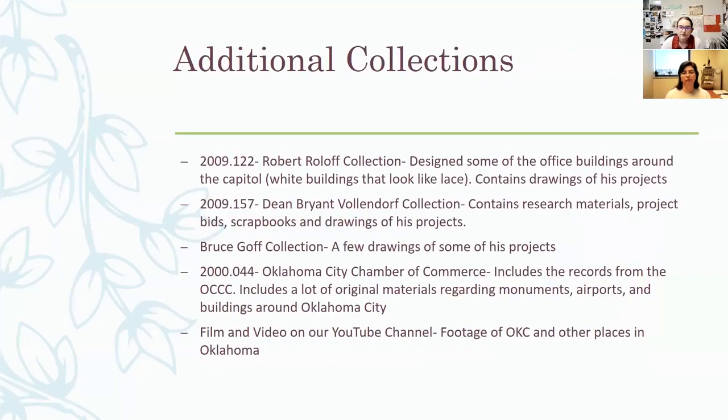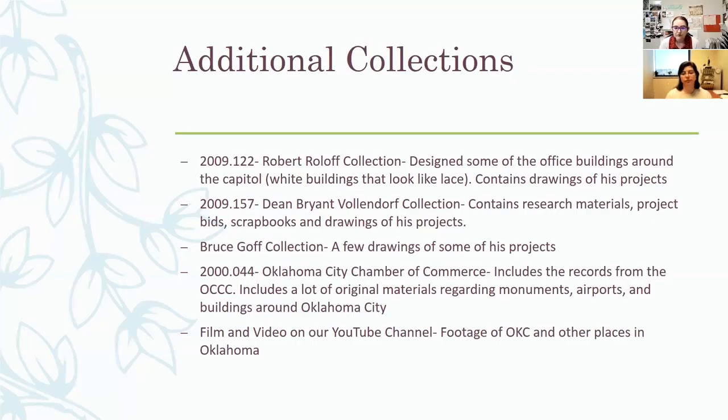These are just some additional collections that we have. The Robert Roloff collection is a collection of architectural drawings of places like the office buildings around the Capitol, which are the white buildings that kind of look like lace. So he designed those. We have Dean Bryant Vollendorf, and all of his have been photographed and they're available on our catalog.